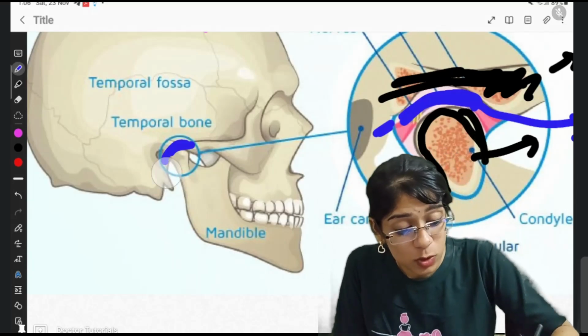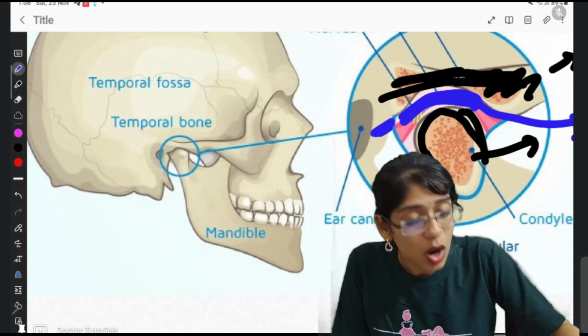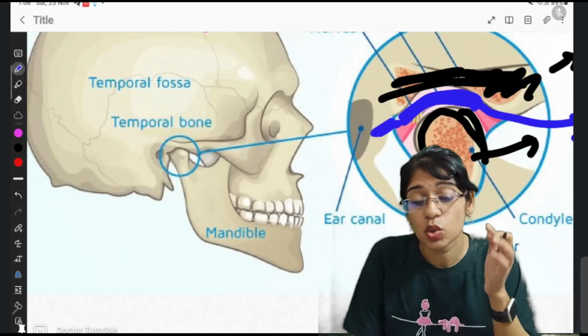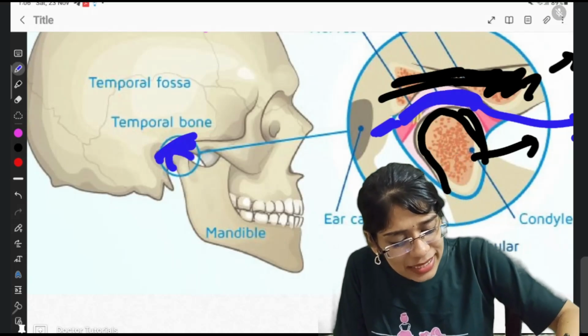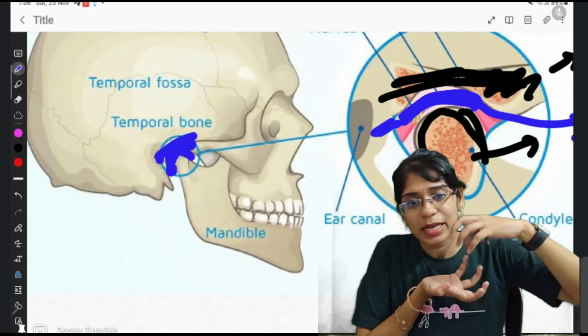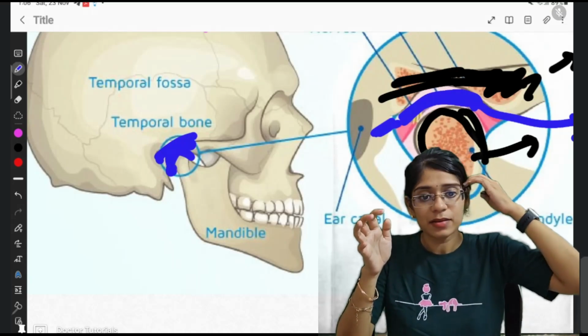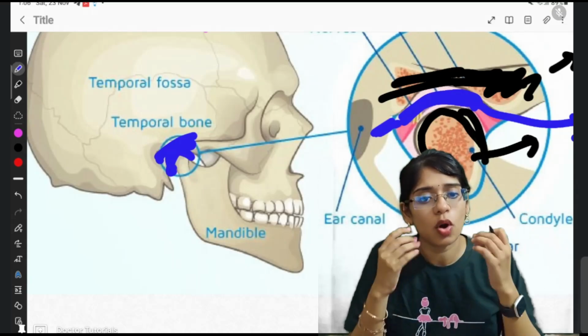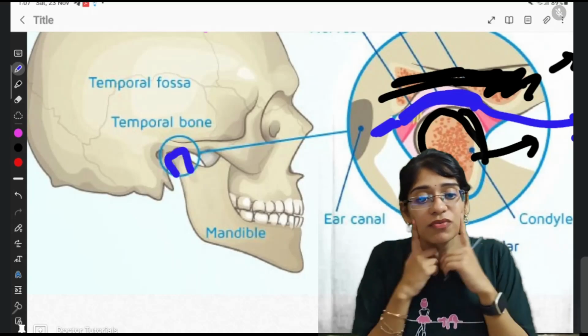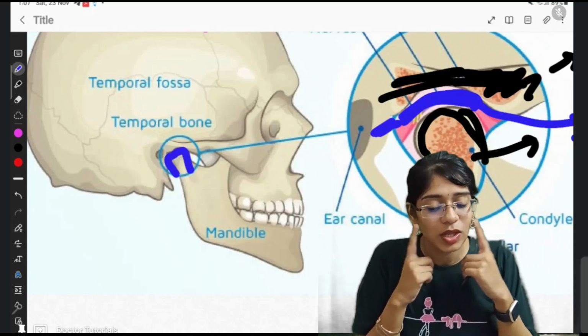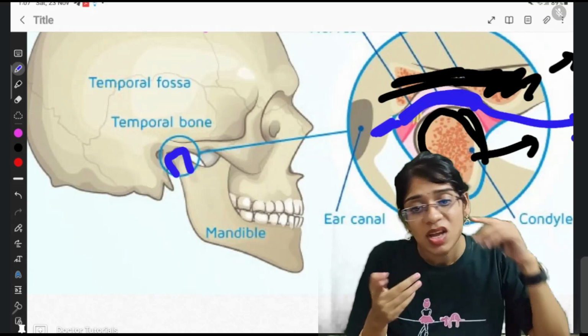Suppose there was no articular cartilage here, no articular surface here, and the temporal bone was directly connected to the condyle of the mandible. If it was like that, whenever we chew or talk, there is going to be constant rubbing of the condylar process of the mandibular bone with the temporal bone.